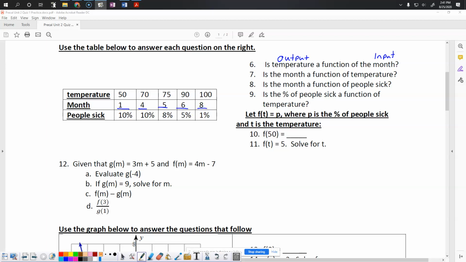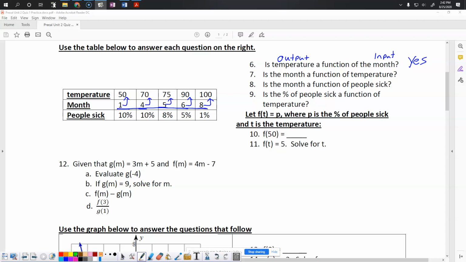Do you see how there's no repeats in there? Since none of these numbers are repeated, each one of these months goes with only one answer for the temperatures, and therefore the answer is yes.